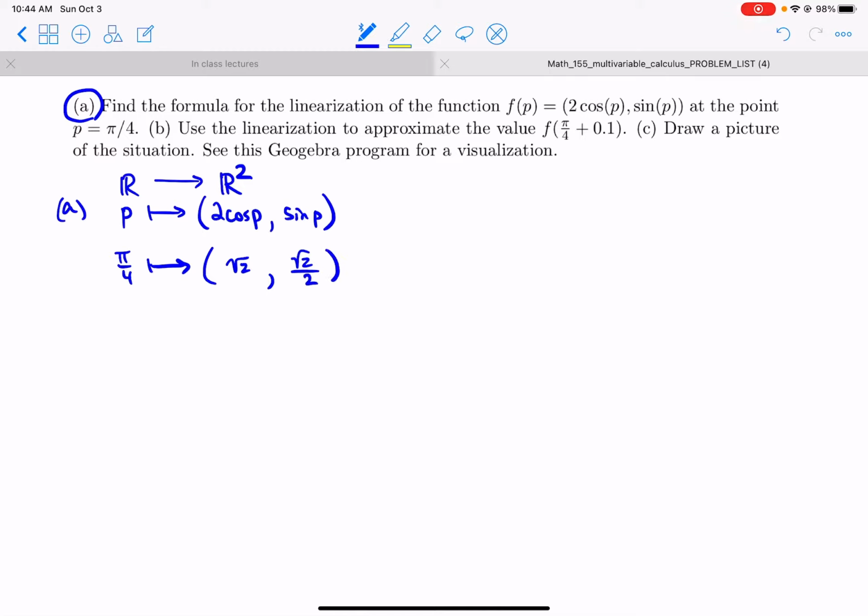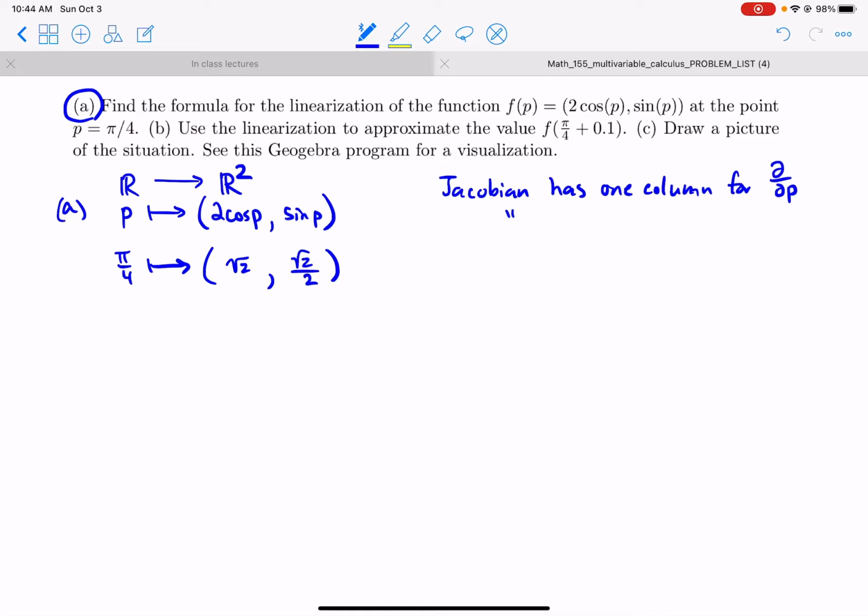Okay? And now what's the linearization? Well, it's the linear approximation. It's just another word for it. And so we need the derivative. So first I'll look at the Jacobian. The Jacobian has one column for d by dp, derivative with respect to p.